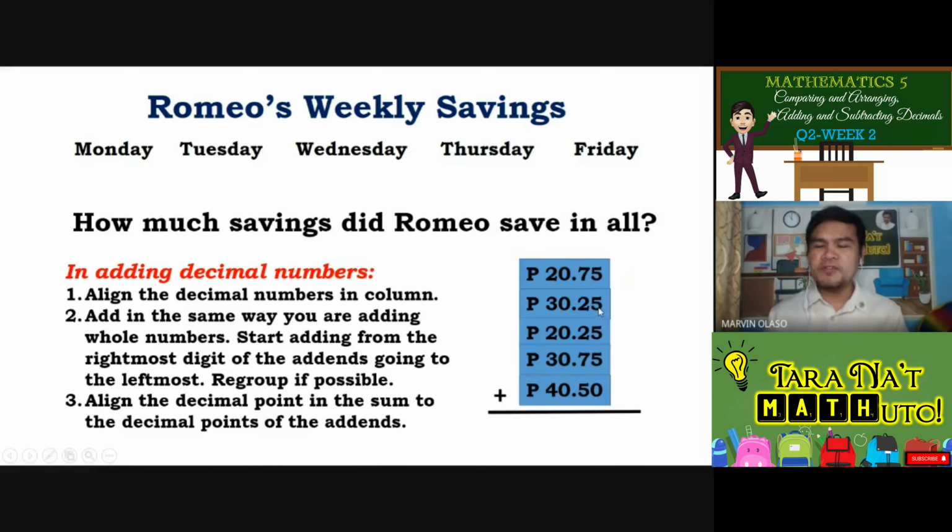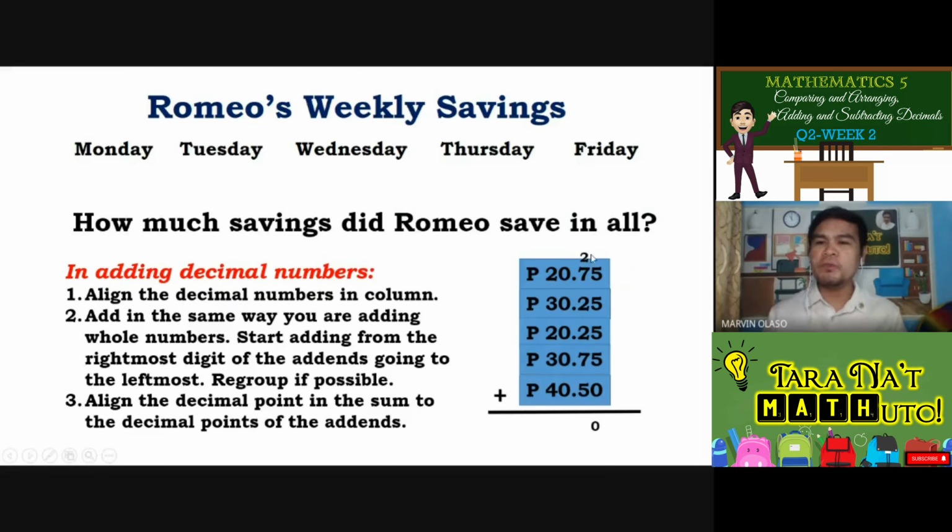So, here it is. 5 plus 5 plus 5 plus 5. 5 times 4, we have 20. Then we have to regroup if possible. So how do we regroup? By bringing down the ones digit, since the answer is 20, carrying the tens digit, which is 2.